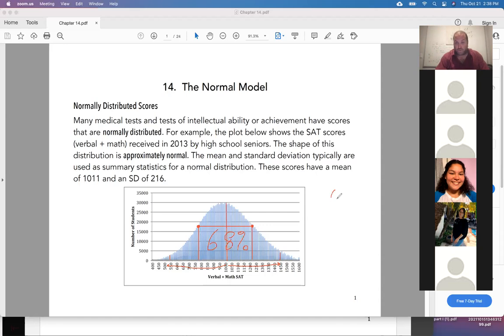So does anyone know if I go 2 deviations out, roughly what percent of my data I will cover? Take a guess. It's not 100%, obviously. We don't get everything.